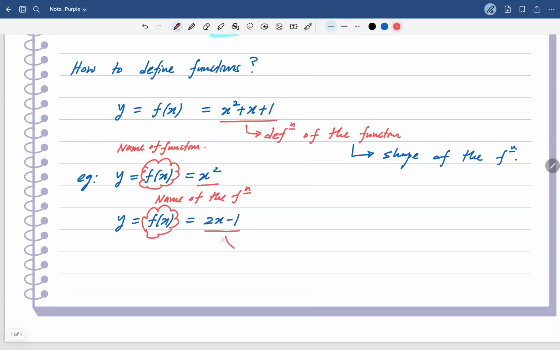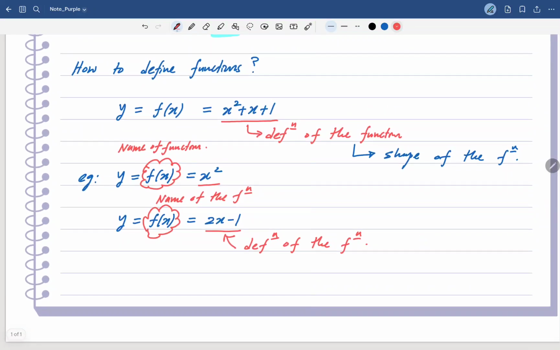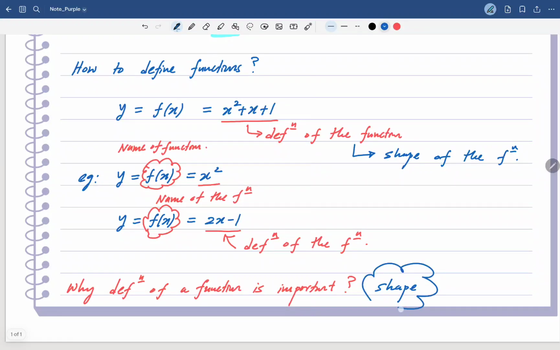This is called the definition of the function. So why is the definition of a function important? You have to understand, it gives the shape.